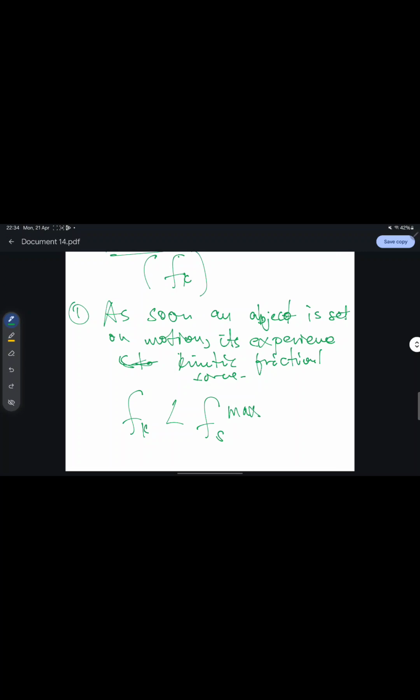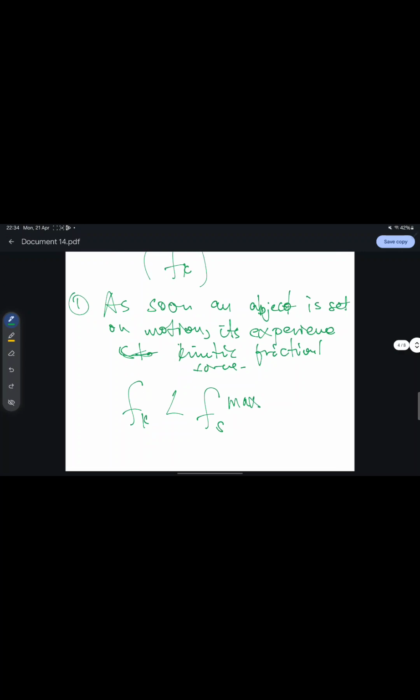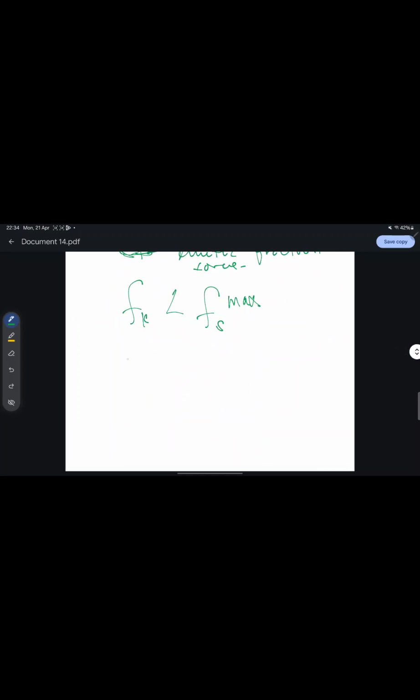All right, the kinetic frictional force depends on two things. Number one, the normal force of the plane. Number two, the coefficient of kinetic friction. So Fk also depends on N. And do you see now I'm having mu k, not mu s.